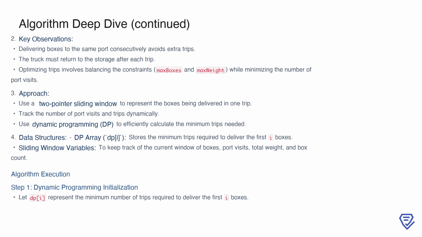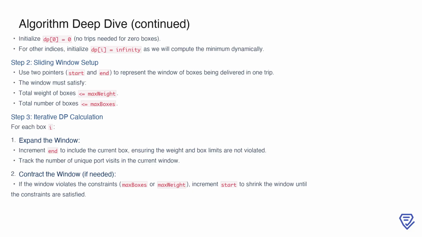The key data structures include a DP array, where DP[i] stores the minimum trips needed to deliver the first i boxes, and sliding window variables to track the current window of boxes, their total weight, count, and the number of unique port visits. To initialize the dynamic programming solution, we set DP[0] equals 0, as no trips are needed when there are no boxes to deliver.